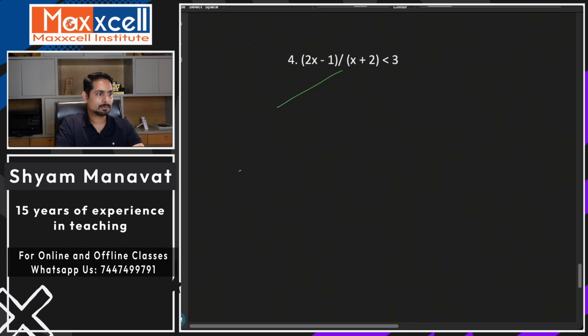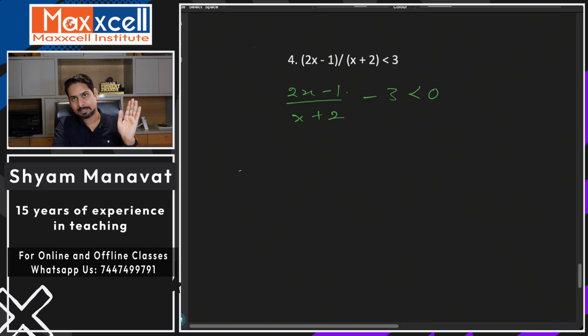Okay. Before taking positive negative, first we'll simplify this fraction because we got 3 to the other side. I will take it all to one side, the other side is only 0. Simplify this here. How do you simplify? 1 multiply here, this multiply here.